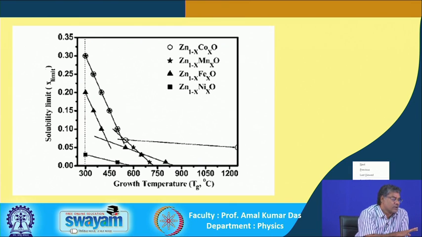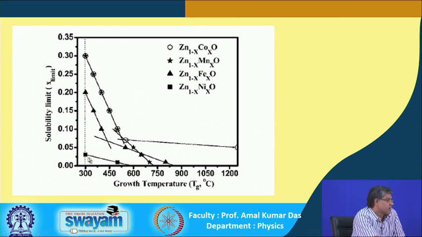So, as I showed, plotting a graph is used to compare similar sets of data, and you can directly compare how the solubility limit is changing for different samples. You can compare the solubility limit of this one, here zinc nickel oxide. Basically, in zinc oxide we are putting different transition metals: cobalt, manganese, iron and nickel.